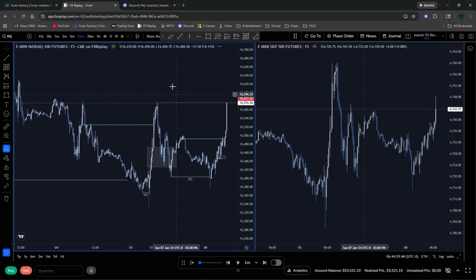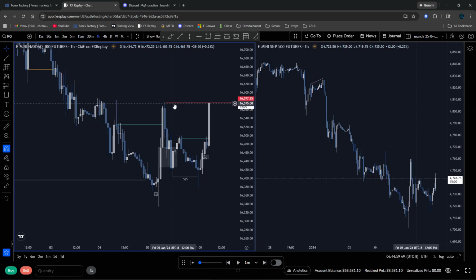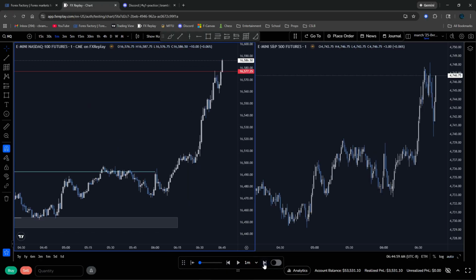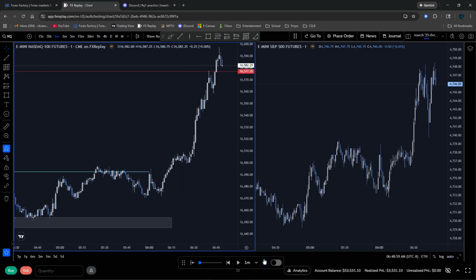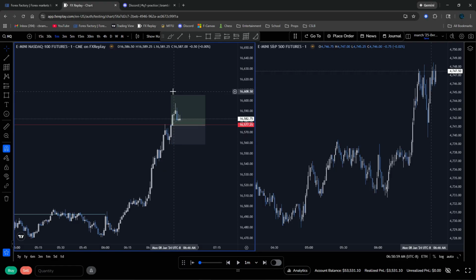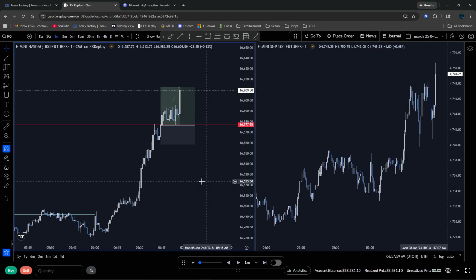New 15-minute candle's about to open up right at the drawn liquidity. So I think we're going to hold off on it. But if I were to take it, this would be the mock-up. This is the mock-up.